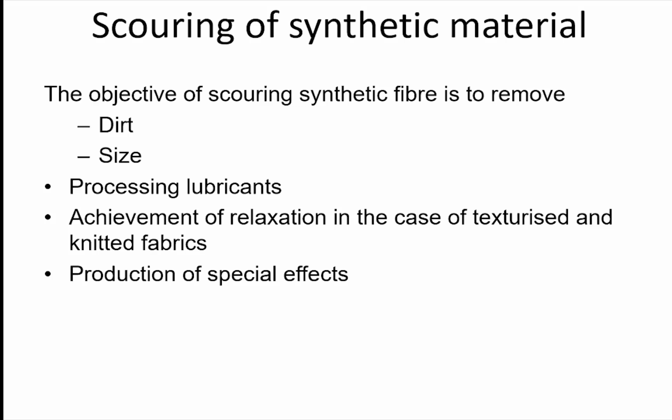And moreover, in the manufacturing of cotton yarn, you use different reagents for different purposes, and that should be removed before dyeing and printing. So for that purpose we have to do scouring.